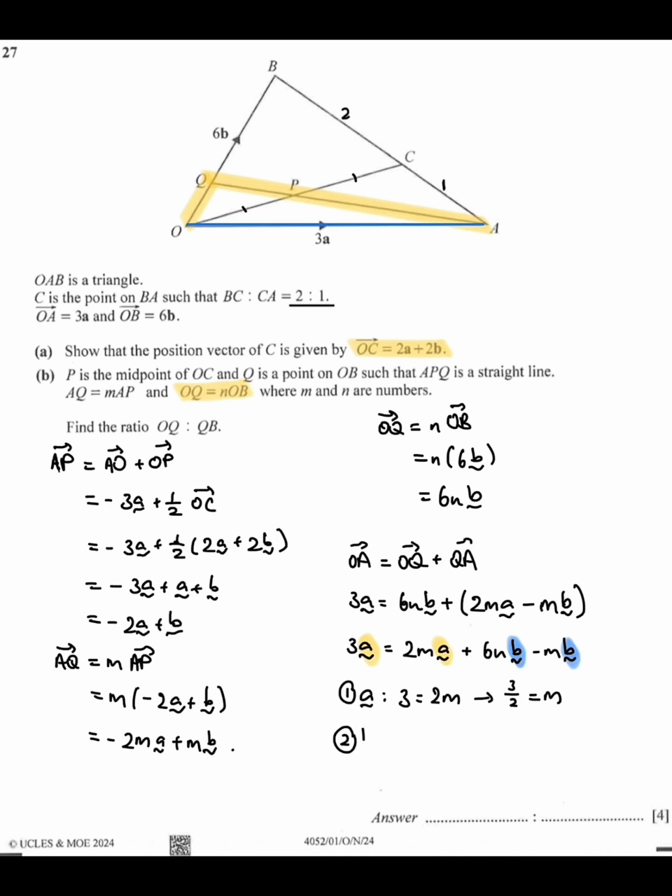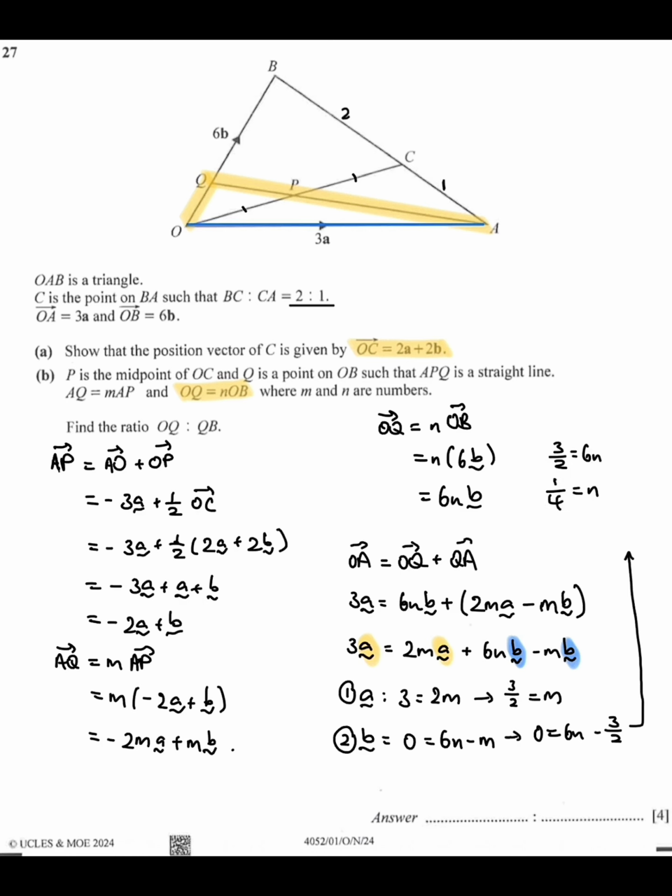As for vector B, notice that there is no vector B on the left hand side, so that is 0, and on the right hand side, we have 6n minus m. Substituting m to be 3 over 2, we can now solve for the value of n. 6n is equal to 3 over 2, and hence n is equal to 1 over 4.